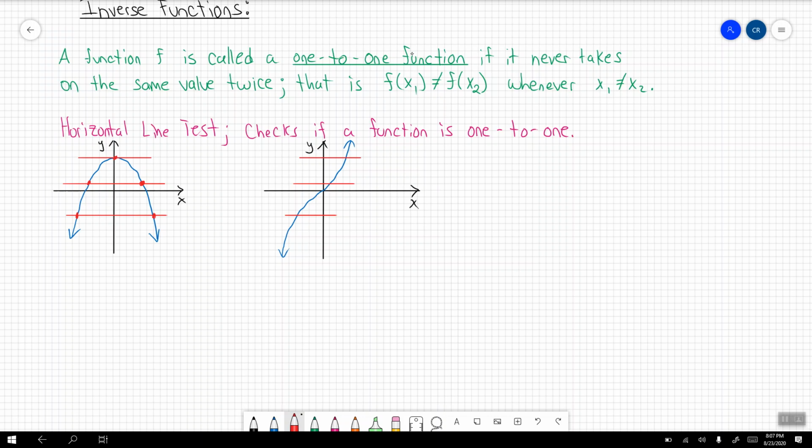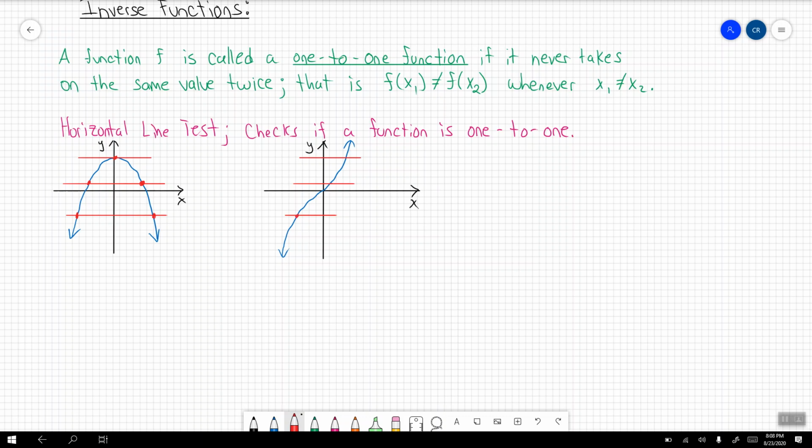By definition, we have to make sure that x1 is not equal to x2, and for this particular output, two different inputs give the exact same output, which violates the one-to-one definition.